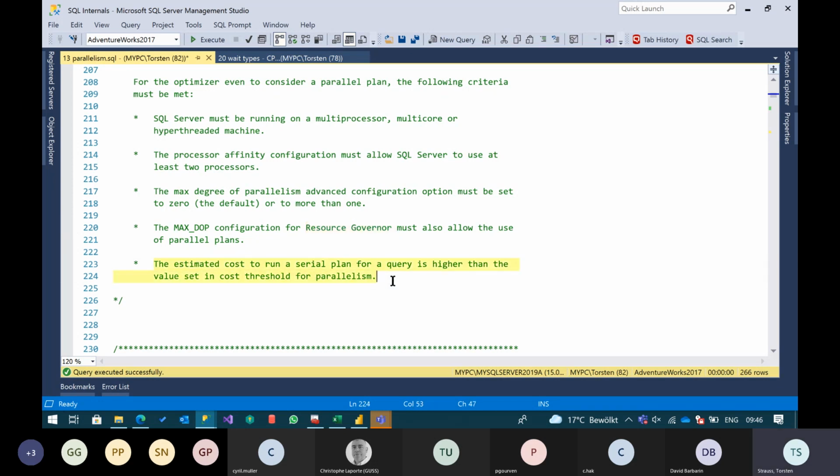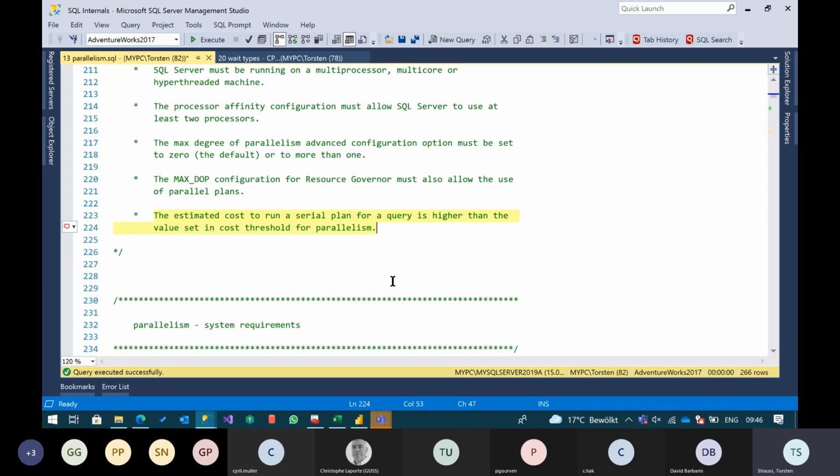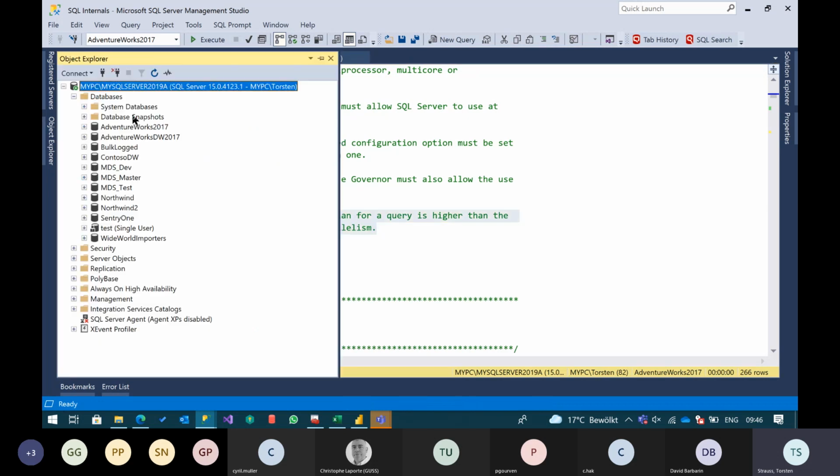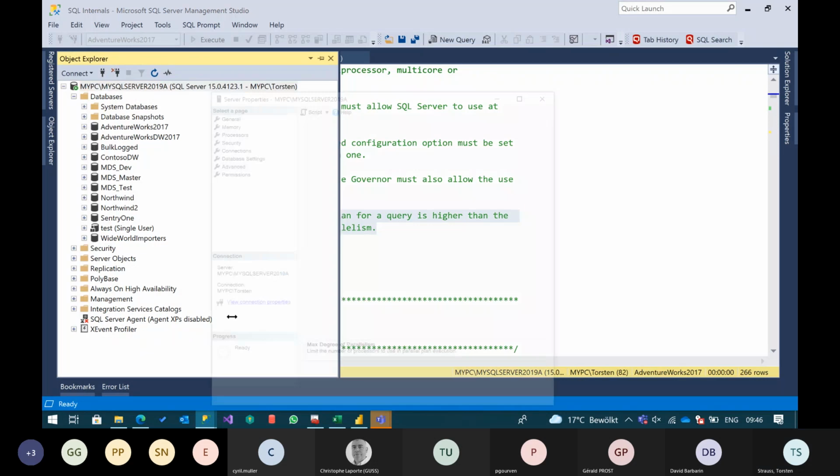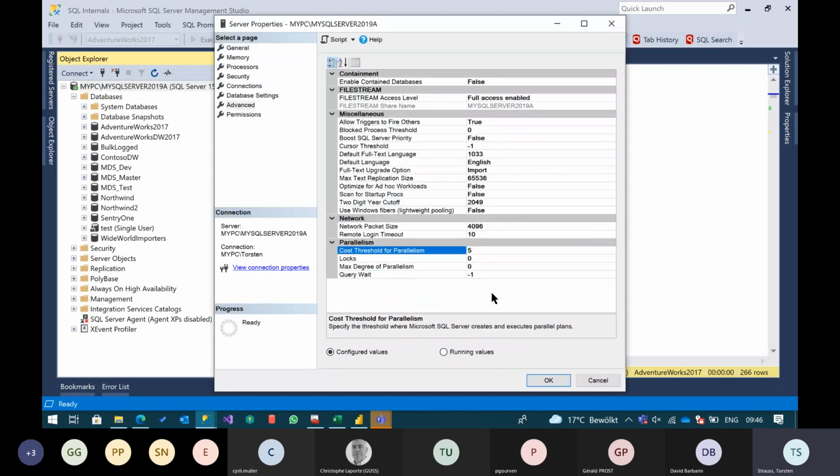And the last one, for sure, is that the estimated cost to run a serial plan for a query is higher than the value set in the cost threshold for parallelism. Again, this is a second setting on an instance level, which is by default still 5.